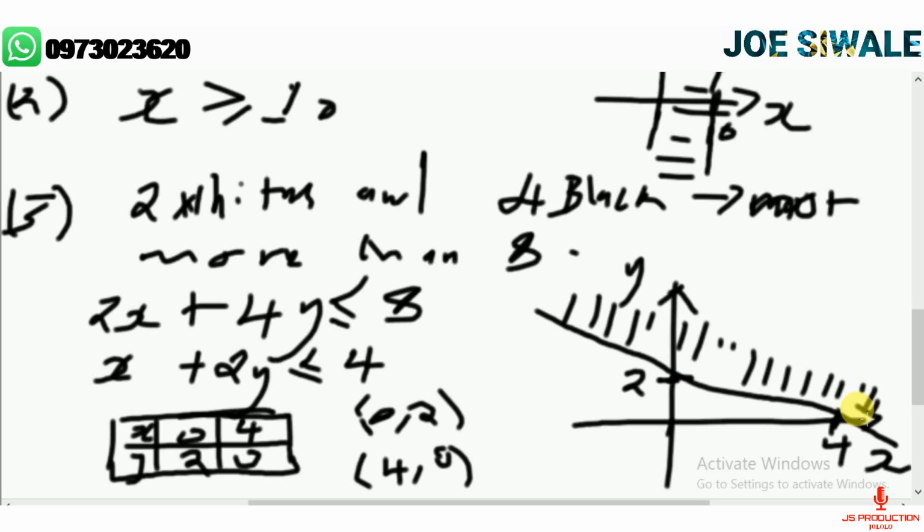Now we are going to look at the question that came in 2011 for linear programming. I'll solve it, but after I'm done with this particular topic, I'll give you an assignment to answer other past papers on linear programming.